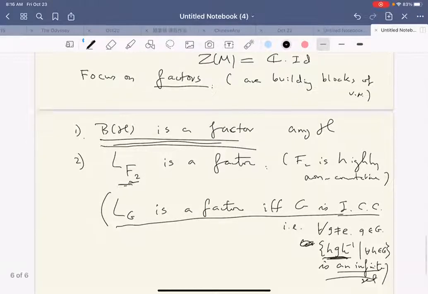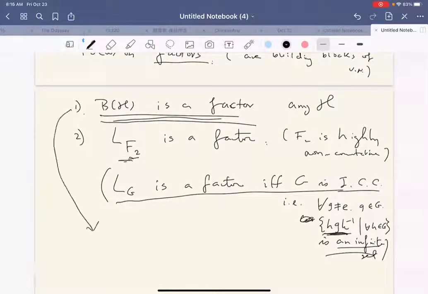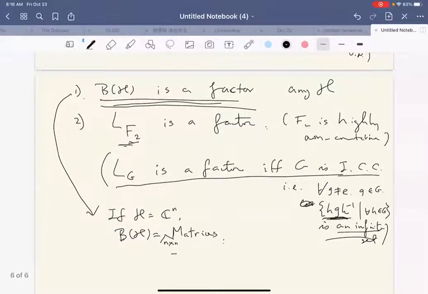So only diagonal matrices are in the center. If H is C^n, B of H will be the matrix algebra, n by n matrices. So it's a fun exercise to show that if you have a matrix T equal to AT for all n by n matrices A, then T is a scalar.